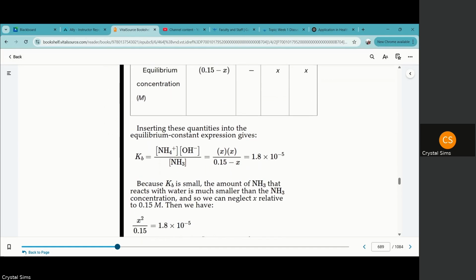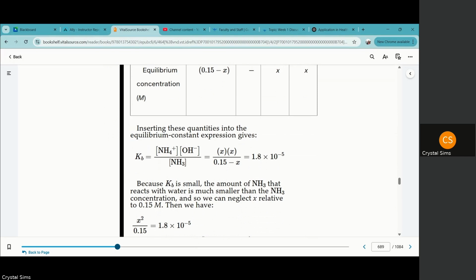And just like before, we have to look at the number here. Kb is so small that the amount of ammonia that's going to react with water is so much smaller than that, we can do our simplifying assumption. So again, this is something you need to pay attention to.